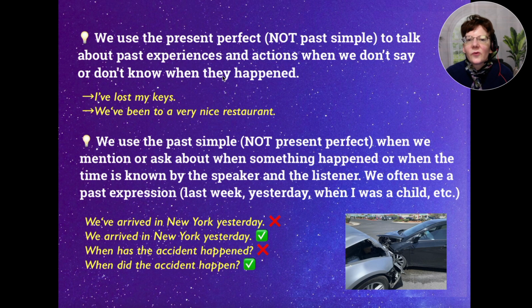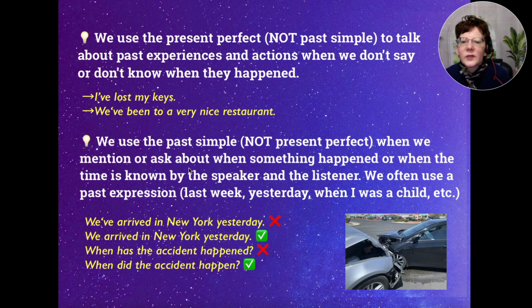So we use the present perfect, not the past simple, to talk about past experiences and actions when we don't say or don't know when they happened. So we have, I've lost my keys, or we've been to a very nice restaurant. So we're not saying when here.